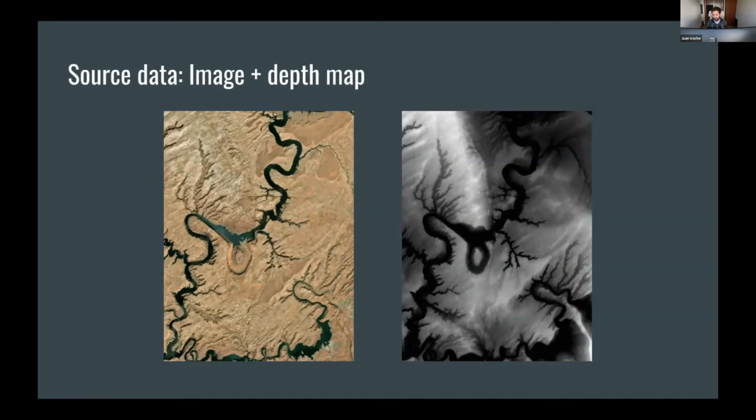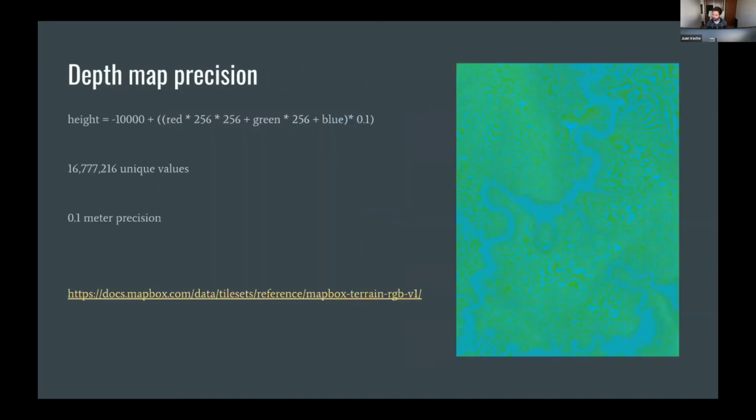However, for a computer, that is not the most convenient way to encode the data, or there can be better options. So the image you see on the right, instead of using a shade between black and white, uses a combination of red, green, and blue values.